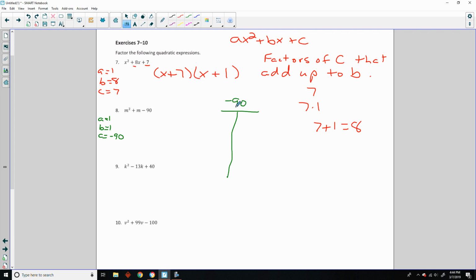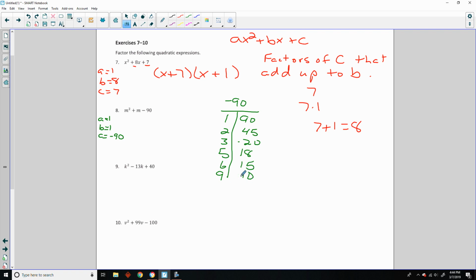So let's just do factors of 90 and we'll worry about the negative after. 1 and 90. 2 and 45. 3 times 30. 4 won't go. 5 and 18. 6 times 15. 7 will not go. 8 will not go. 9 times 10.